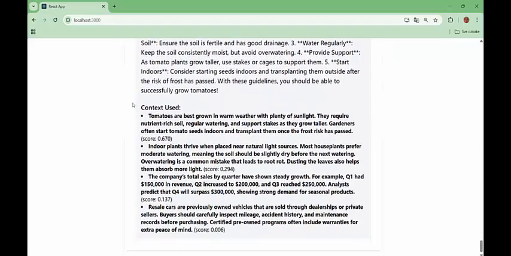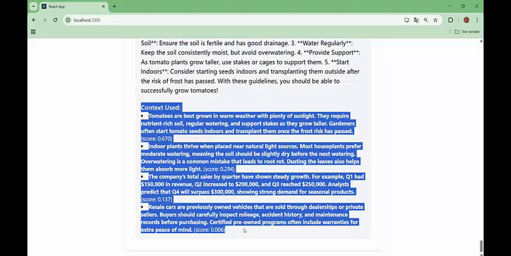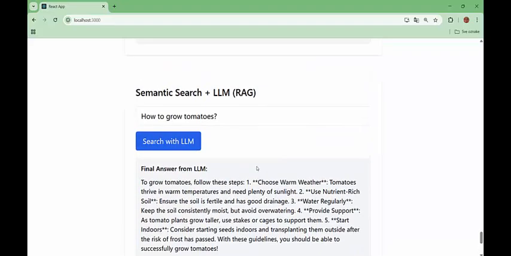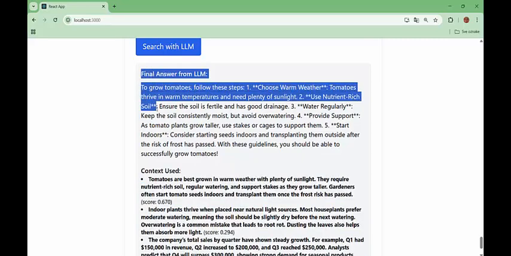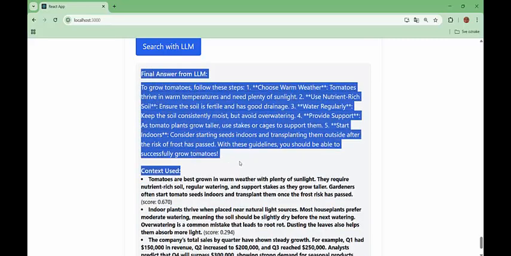And look, we have that context, the same as before, but now we have a final answer from the LLM, and in this summary: to grow tomatoes, follow these steps, etc. How much generated text from the LLM do we dictate?